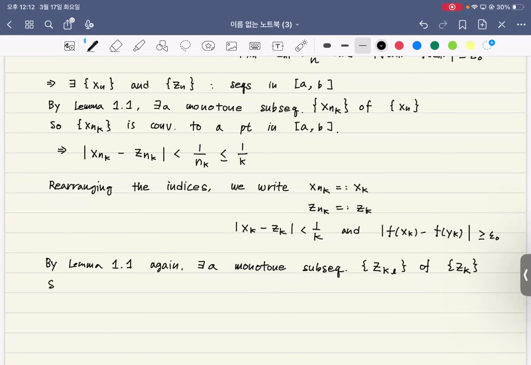And by the way, this new subsequence is also convergent.